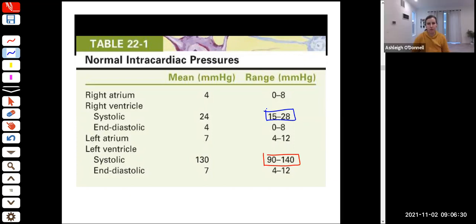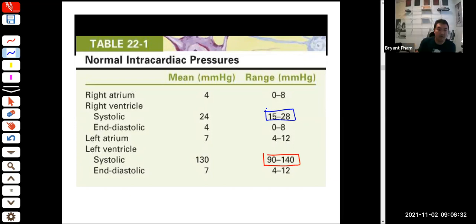Because it's pumping blood to the rest of the body. Okay, I agree. Let me flip the question. Why do we only need 30-ish millimeters of mercury out of the right ventricle?